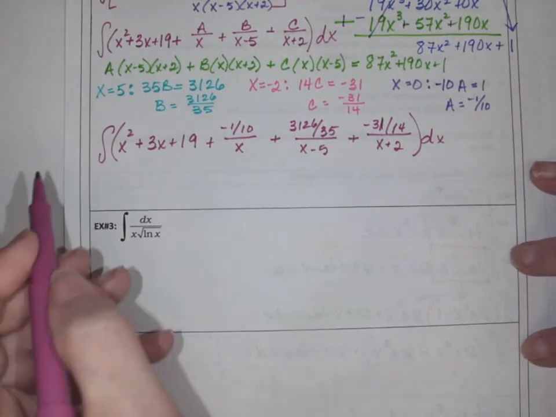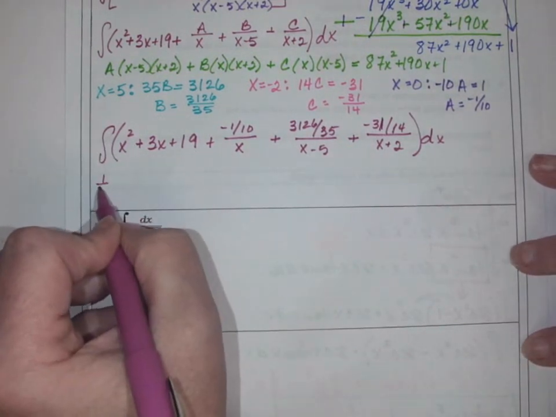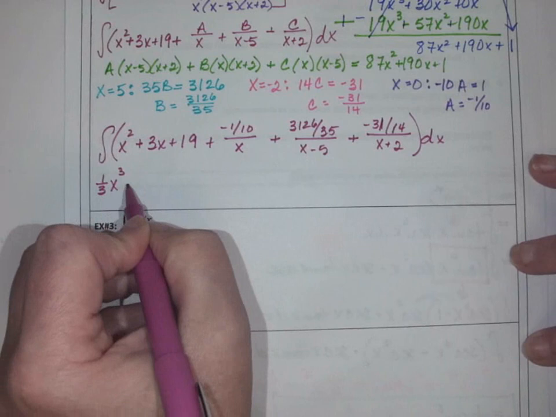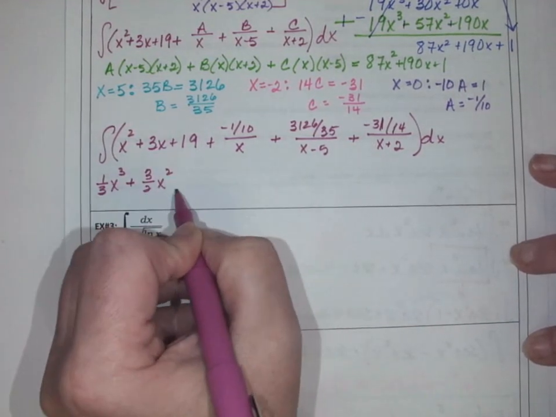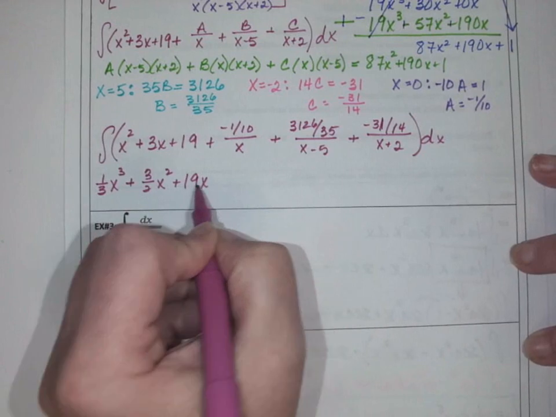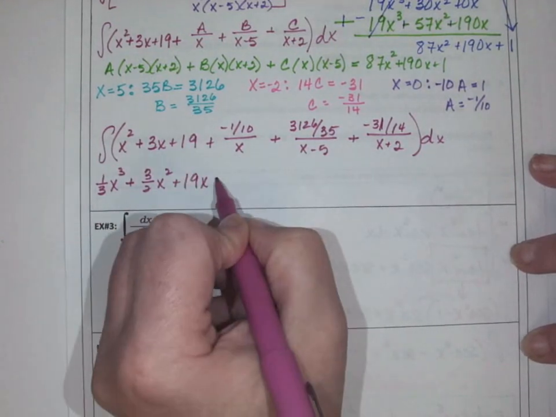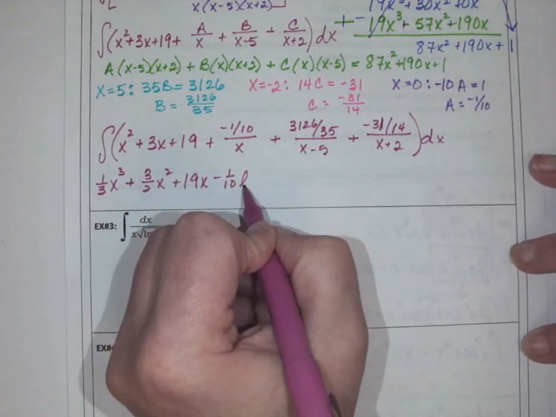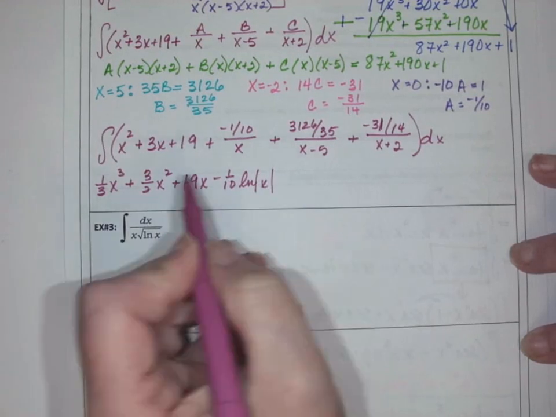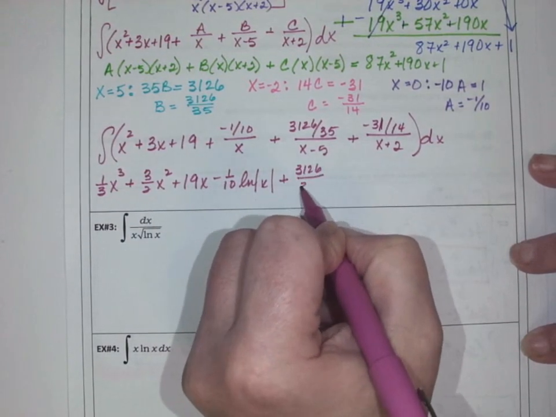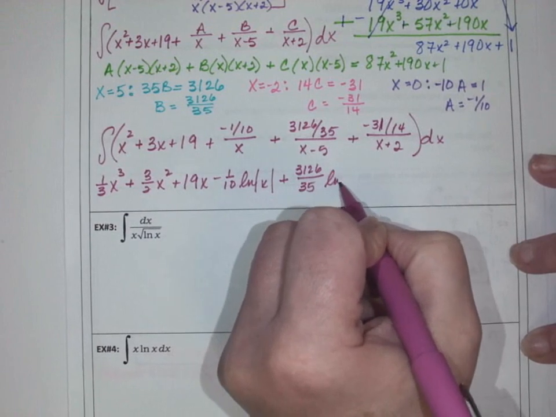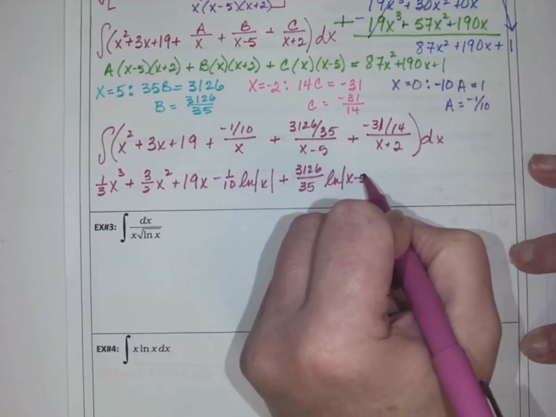Now we get to do the antiderivative. So x squared goes to 1/3 x cubed, 3x goes to 3/2 x squared, 19 goes to 19x. The first fraction goes to -1/10, natural log absolute value of x. Second fraction goes to 3126 over 35, natural log absolute value of x minus 5.